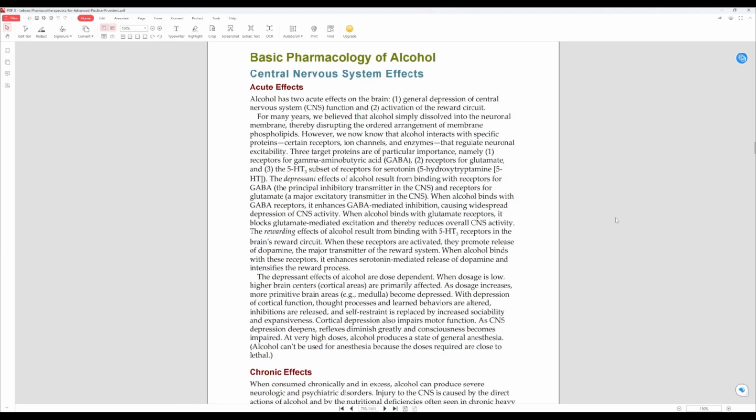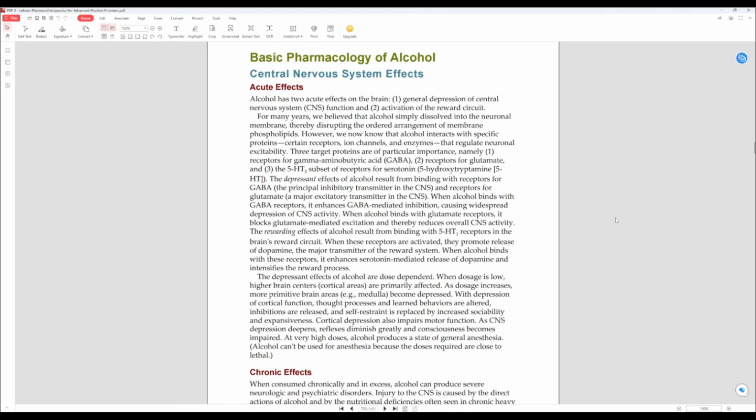of the reward circuit. For many years, we believed that alcohol simply dissolved in the neuronal membrane, thereby disrupting the order of arrangement of membrane phospholipids. However, we now know that alcohol interacts with specific proteins, certain receptors, ion channels, and enzymes that regulate neuronal excitability.